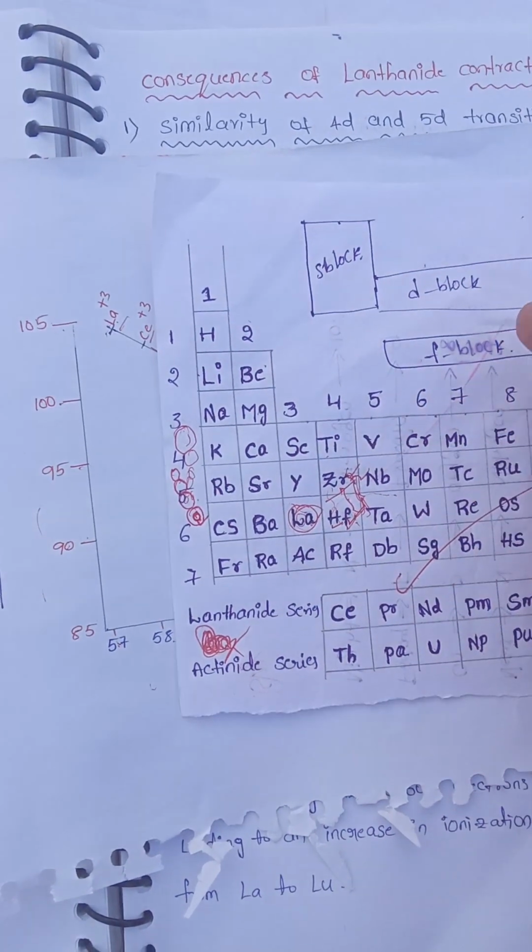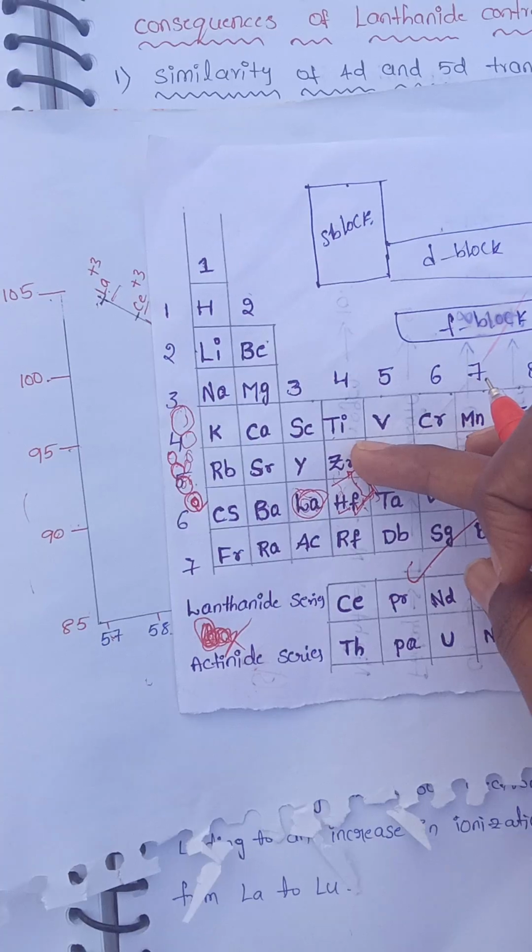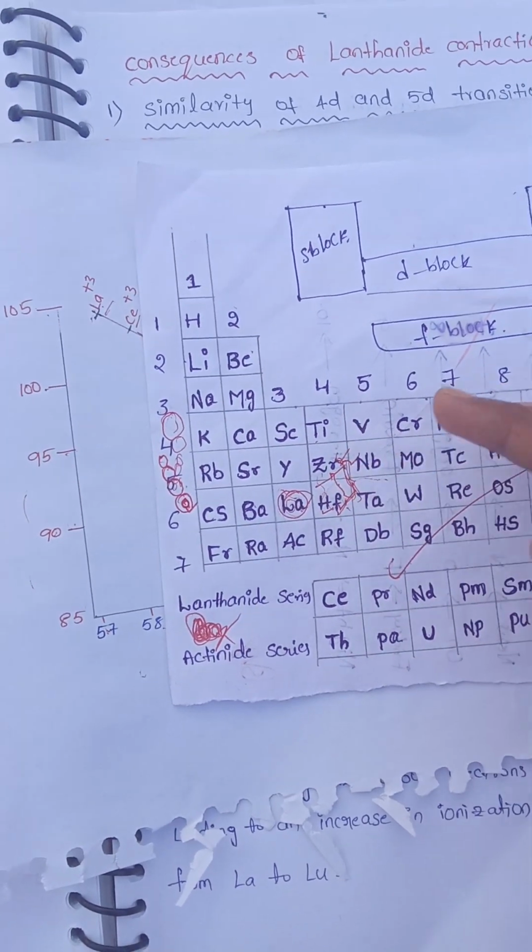So due to lanthanide contraction, the first elements of the second and third series are the same.